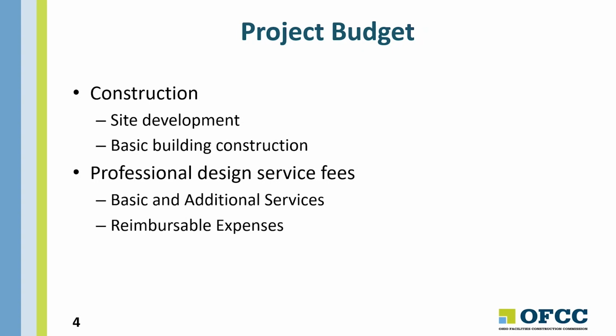We may also ask them to advertise or pay the advertising costs, and there may be some document printing costs for things like stage submission reviews and things like that. I do want to mention that additional services, if you're dealing with a change order, we do allow the AE to present a percentage for marking up their additional services consultants, and that is something we put into our contract.